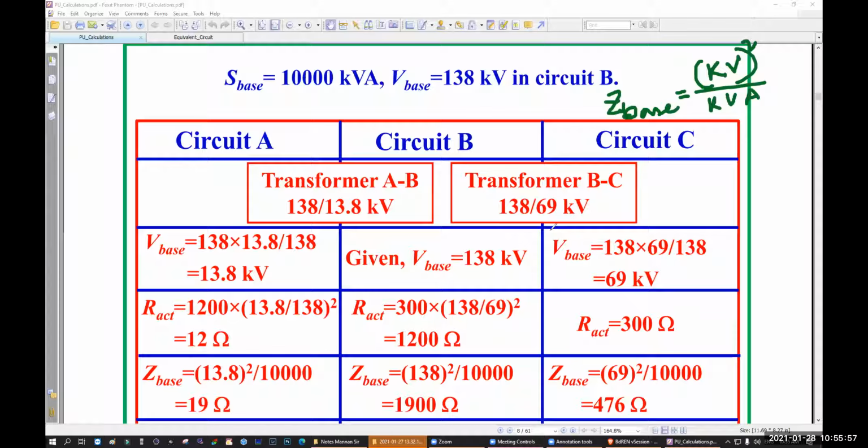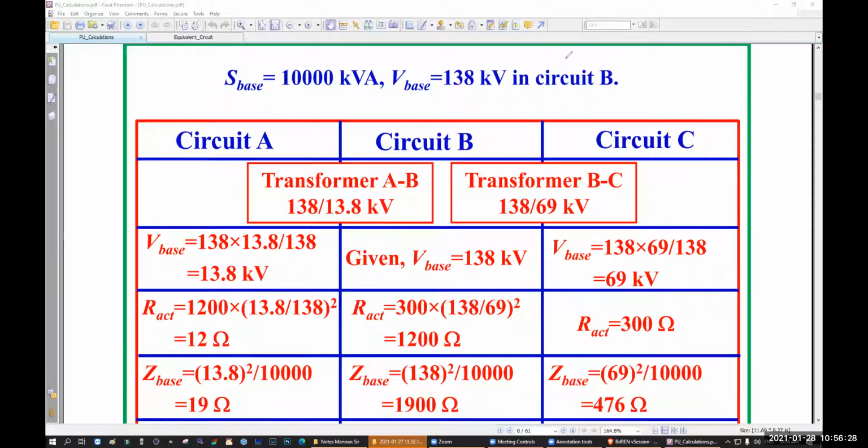So here you got KV square, that means 69 square divided by KVA, because KVA is same for all sides. But the KV is different for different sides, right? So here your Z base is 476. Here your Z base is 1900. Here your Z base is 19 ohm.